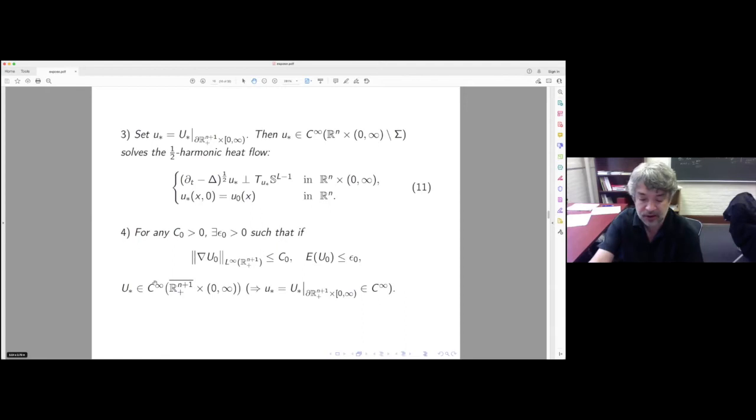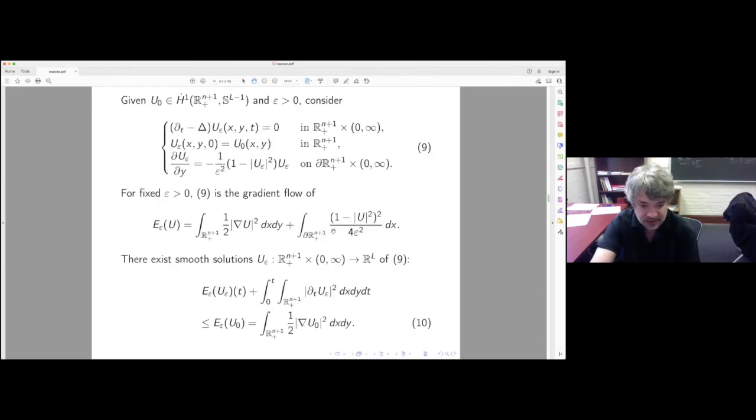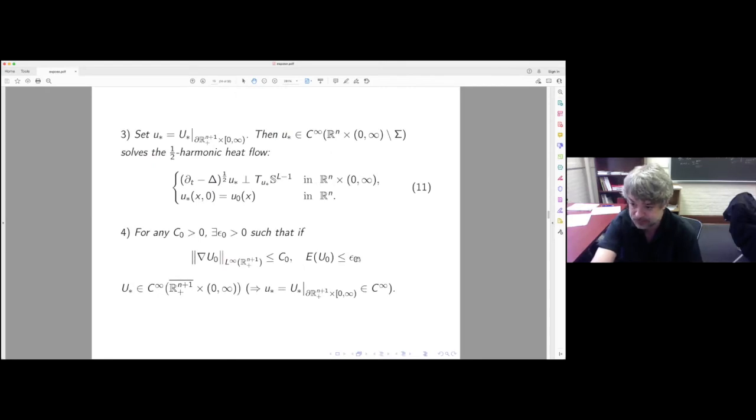So the singular set, with this epsilon naught here, is basically the set in space and time such that this energy E, or a version of it, is bigger than this epsilon naught, because if smaller than epsilon naught, by monotonicity you have full regularity. This is a classical result in geometric analysis: if you have a smallness assumption for the energy, then you have regularity in a smaller domain.